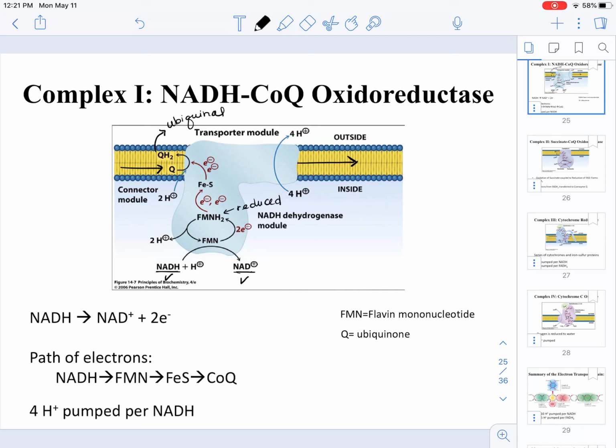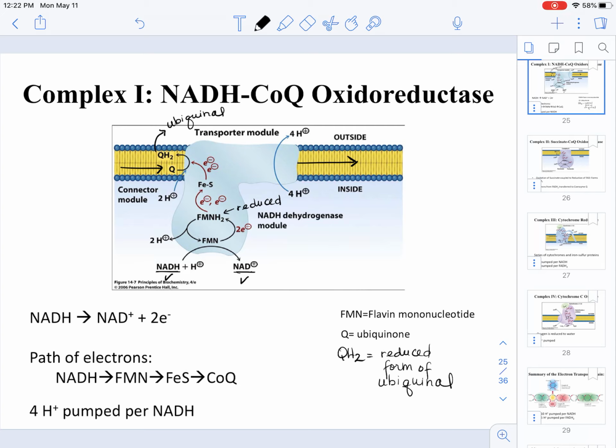Let me just write down, QH2 is the reduced form, ubiquinol. And then, as you can see, ubiquinol is going to be transporting these electrons to further complexes, as we're going to see in later slides.